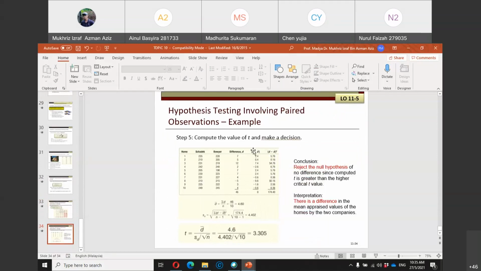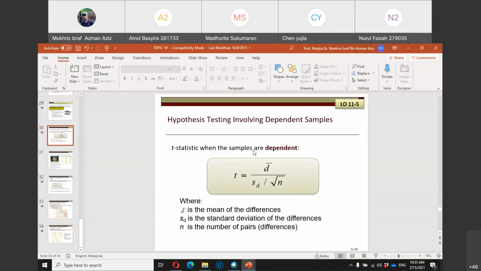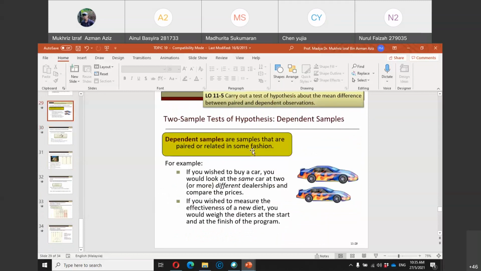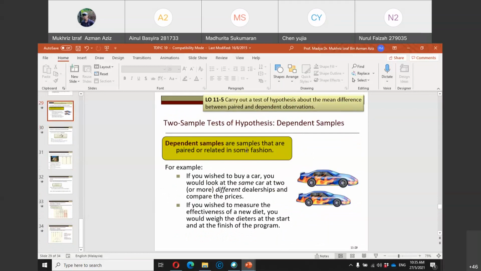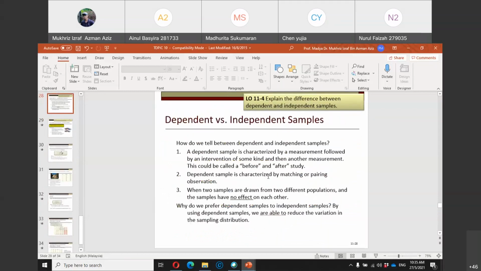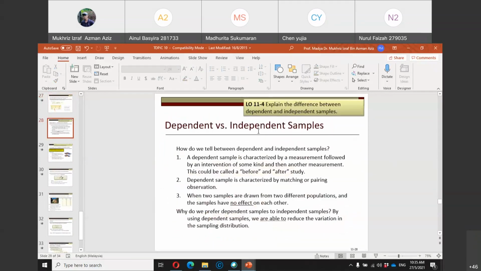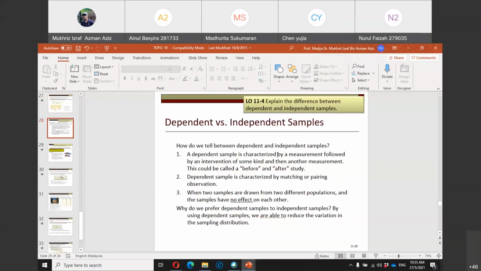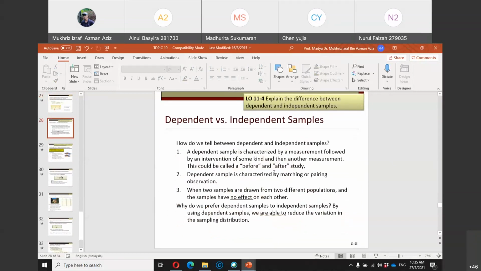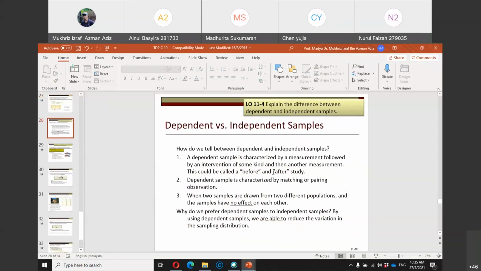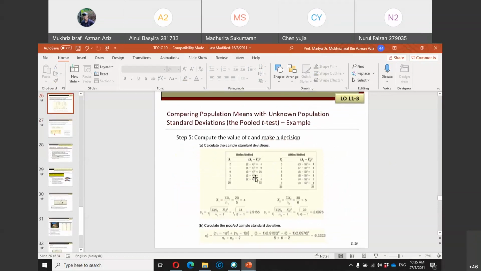So in the two-sample hypothesis testing, when it comes to using the t-test, there are two parts in the syllabus. One is the pooled t-test. The second part is the dependent versus independent sample, which is also using the t-test. I want to spend more time on discussing this.